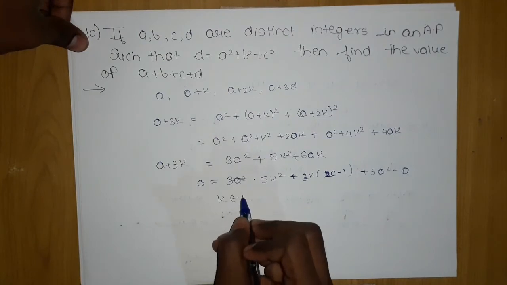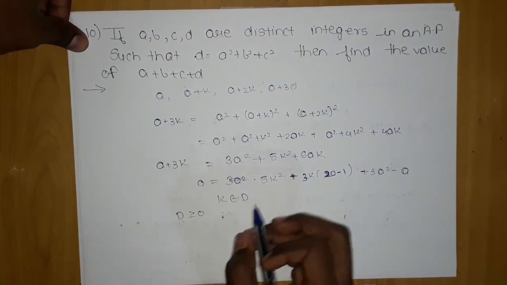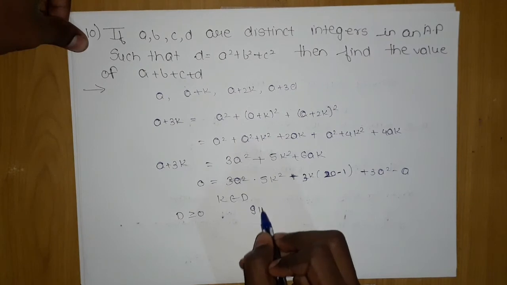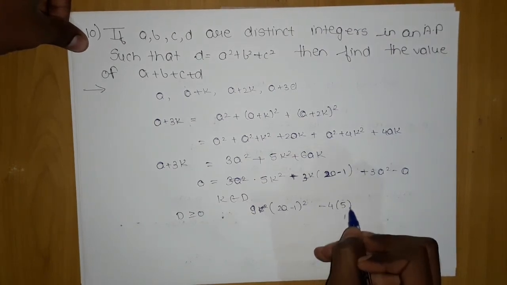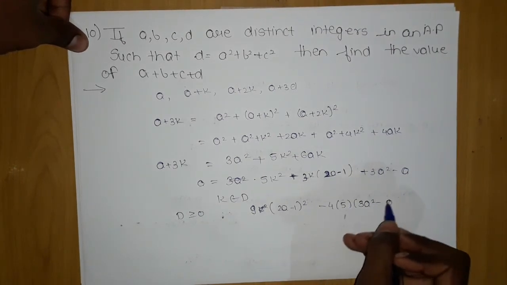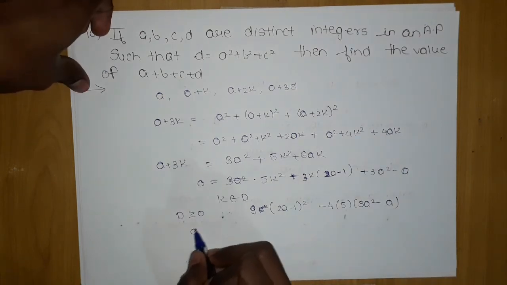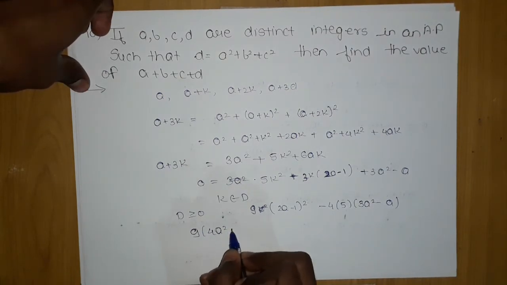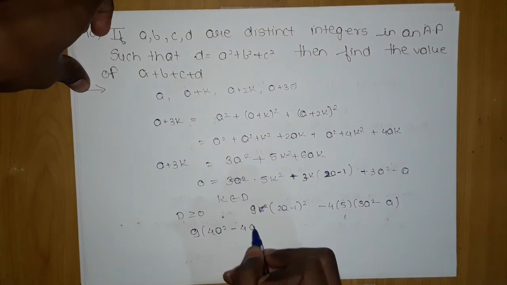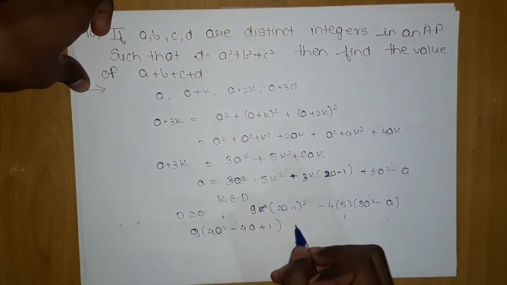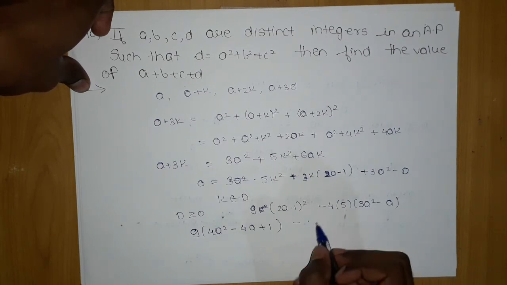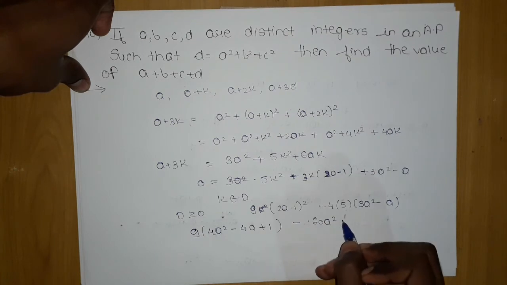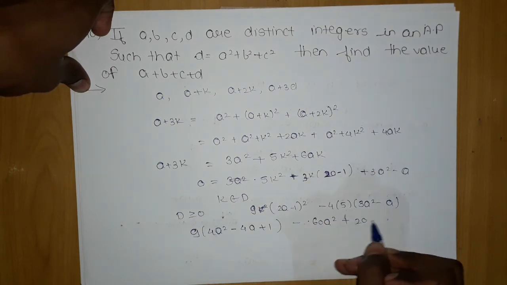Now k belongs to R, so D should be greater than or equal to 0, which brings me 9 into 2a minus 1 the whole square minus 4 into 5 into 3a square minus a. What I have, 9 into 4a square minus 4a plus 1, minus 20 into 3a square minus a, that is 60a square, plus 20a.